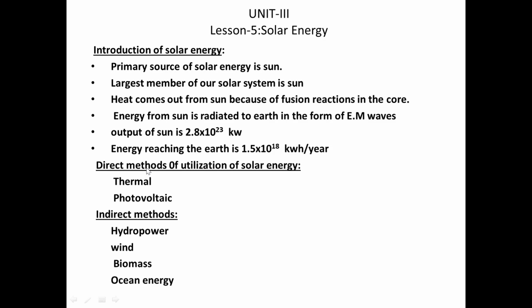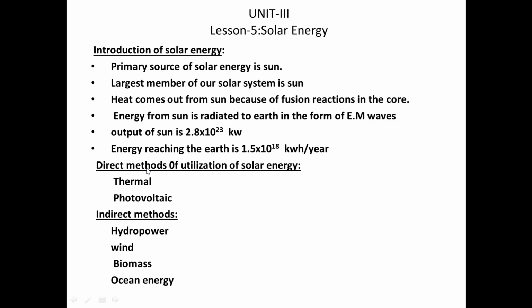The second one is the photovoltaic system, also called the solar PV system. Here we collect the solar energy and convert it directly into electrical energy, using systems that convert the energy received from the sun into electrical energy.